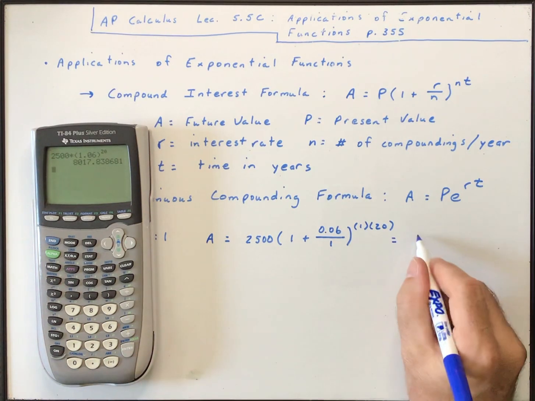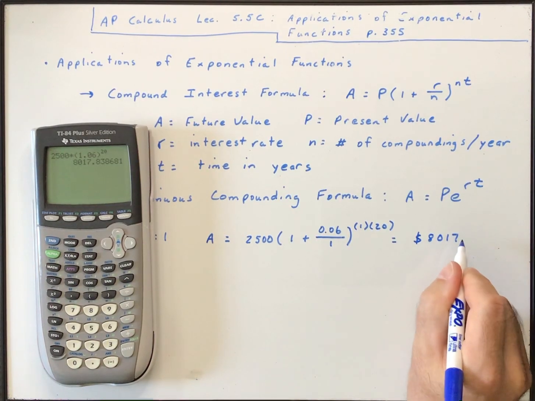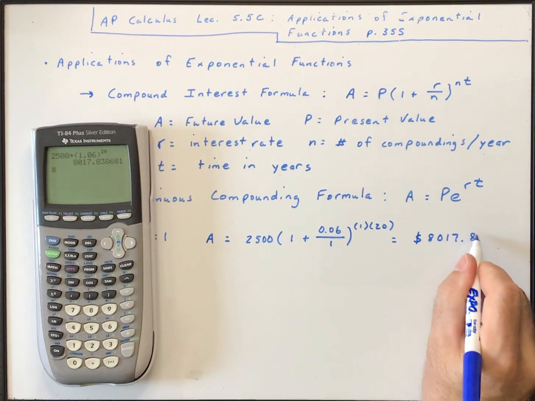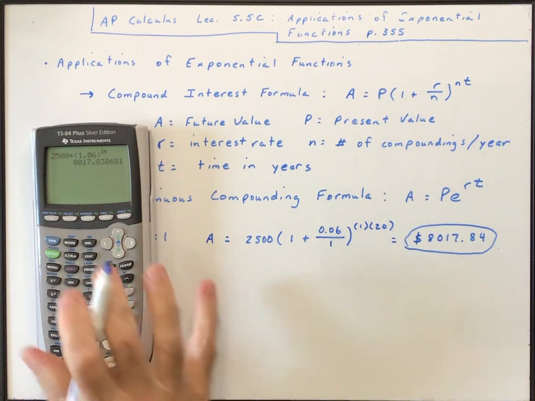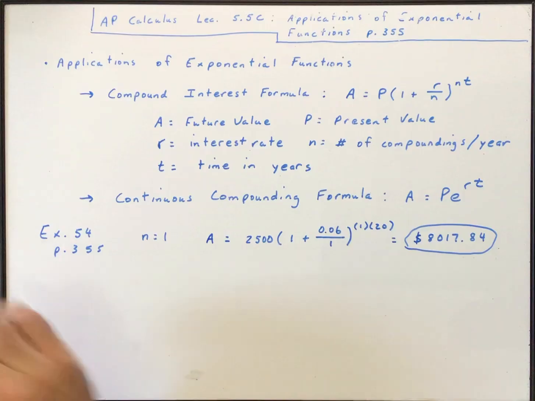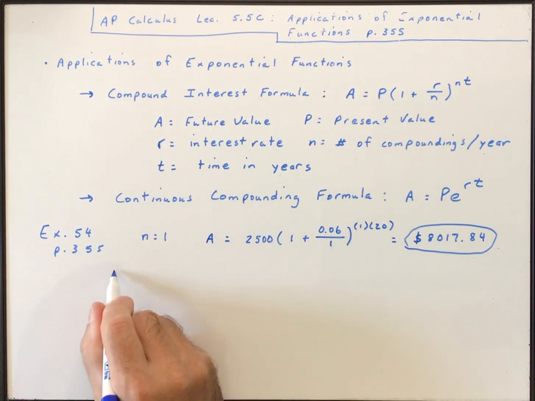So we'd have $8,017.84. So if we compound once a year, after 20 years, $2,500 would grow to $8,017 at a 6% interest rate.